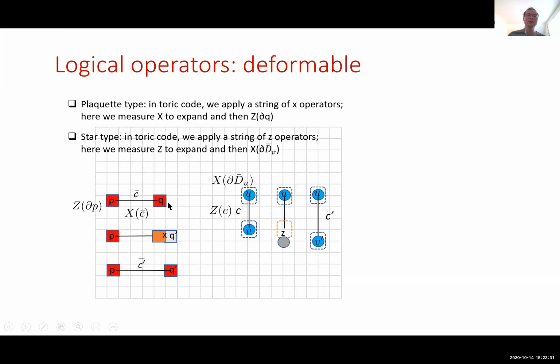The meaning is that at the next site, the plaquette operator should not be in the stabilizer, but then this one should be. So the way to do that is you perform an X measurement to break this plaquette operator, and then you measure the Z plaquette operator, and that will restore it to being in the stabilizer, and then this one will not. Okay, but that's really a detailed implementation of how you move the qubit defect around.